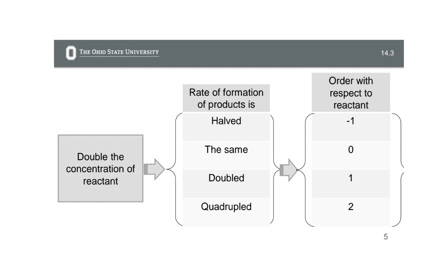So if we double the concentration of reactant and the rate doubles, that means that the order is 1. If we double the concentration of reactant and the rate is quadrupled, the order is 2. All right? And the reason being is that we are looking at something raised to a power. Okay?